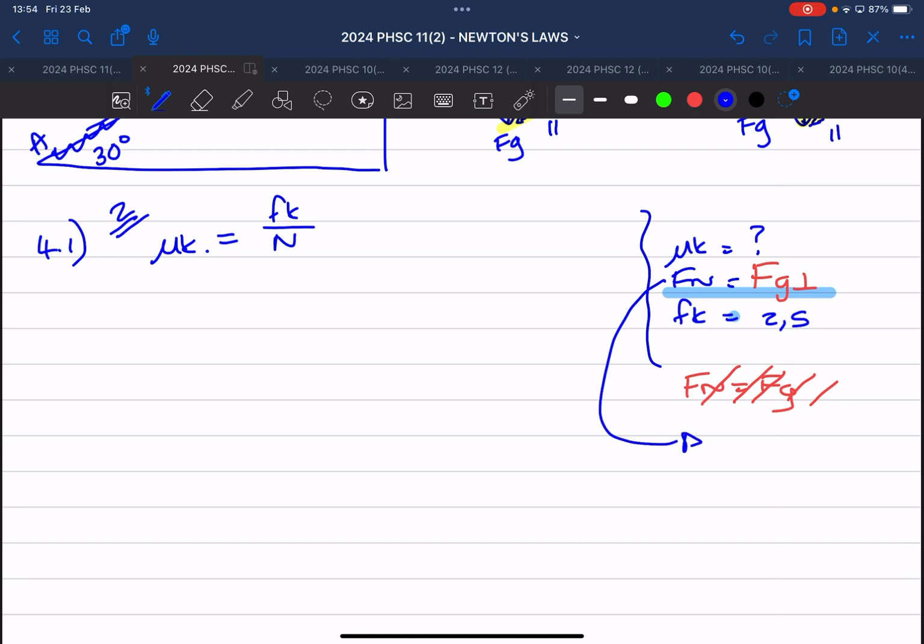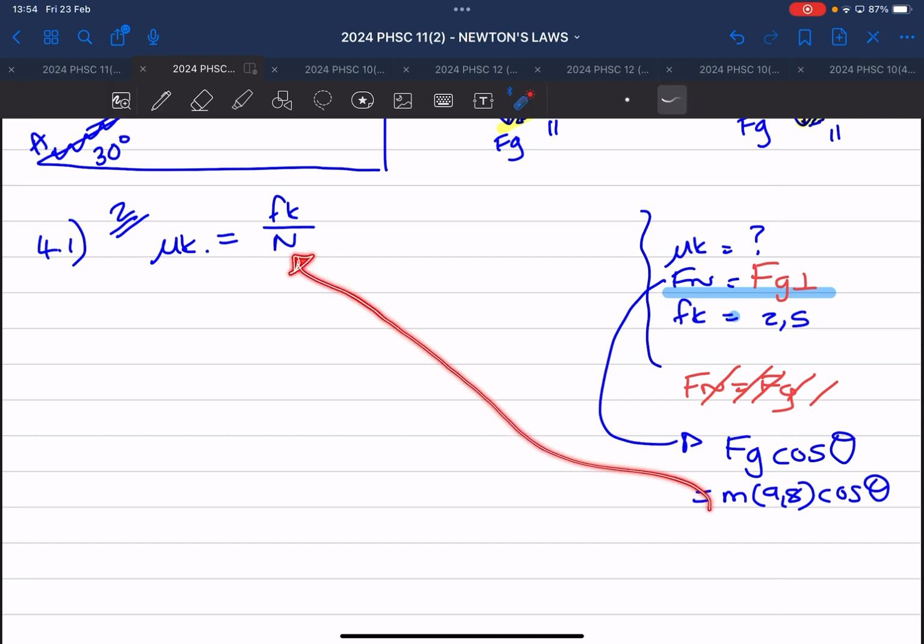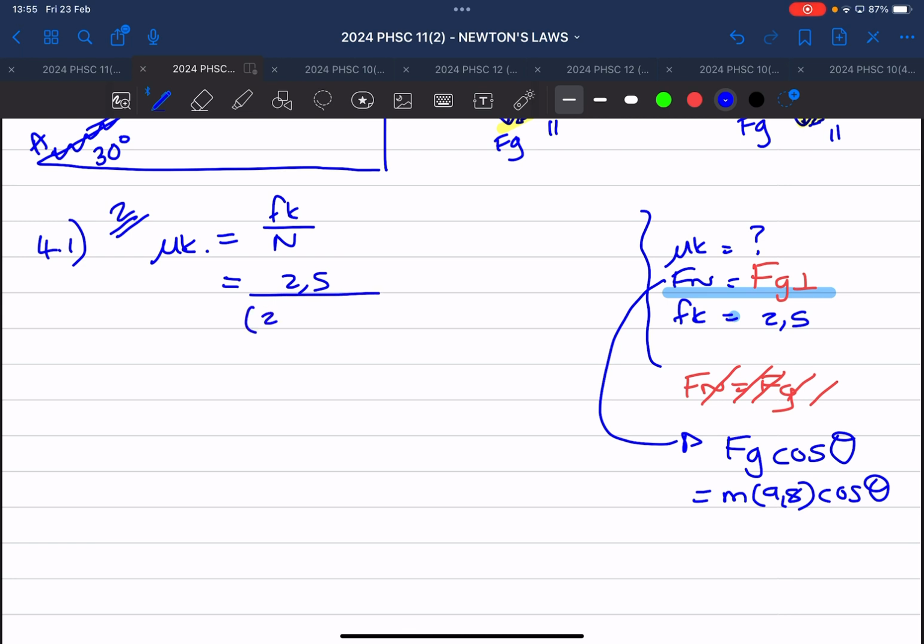It is Fg cos of theta. And Fg is the mass times 9.8. So I have 2.5 divided by the mass, which is 2, times 9.8 times the cos of 30.